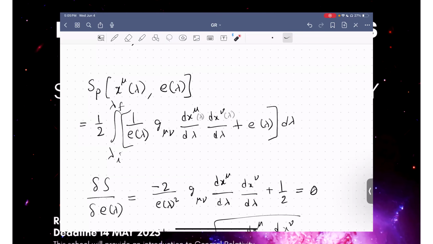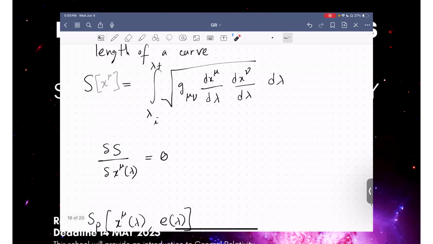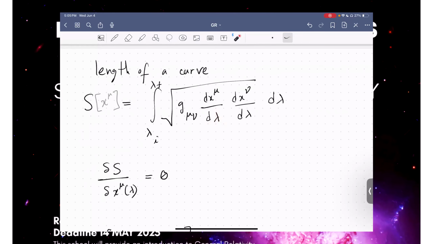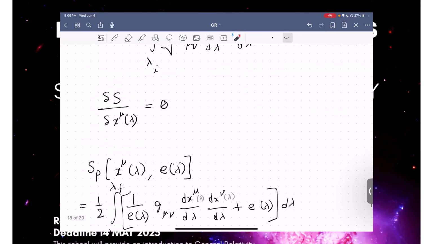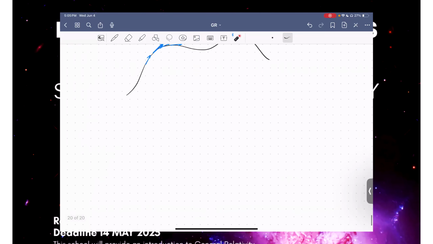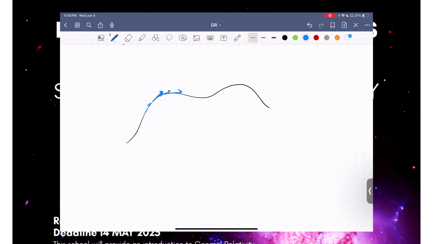Well, the basic intuition is that here we are using some parameter lambda to define our path, right? But you could choose a completely different parameter. So we have some parameter lambda which takes different values at different points: lambda 1, lambda 2, lambda 3. Let me be even more explicit. Maybe lambda is 0.1 here, then 1.2 here, and then 5 here.